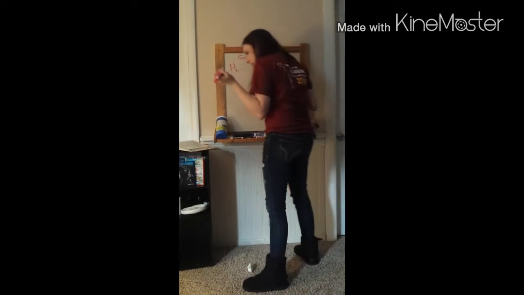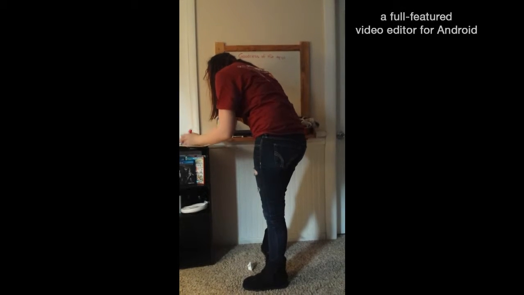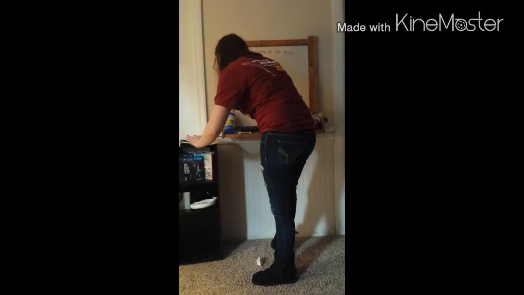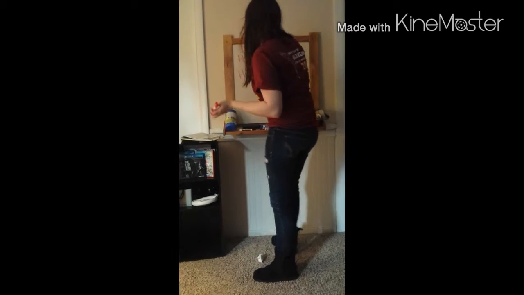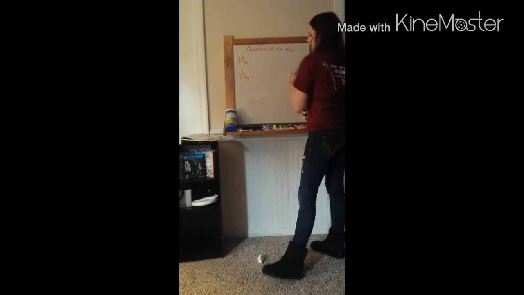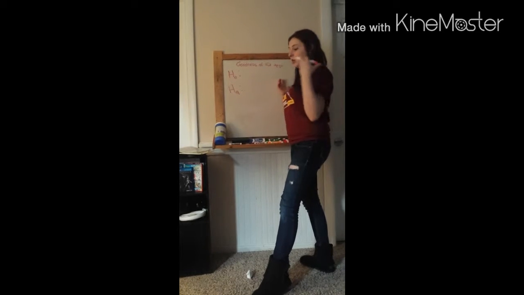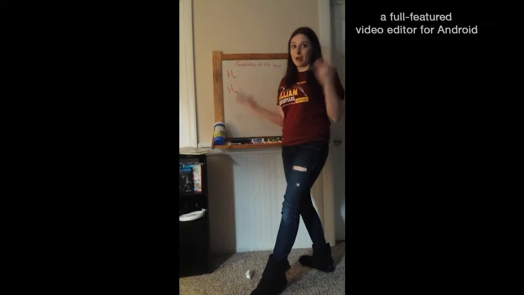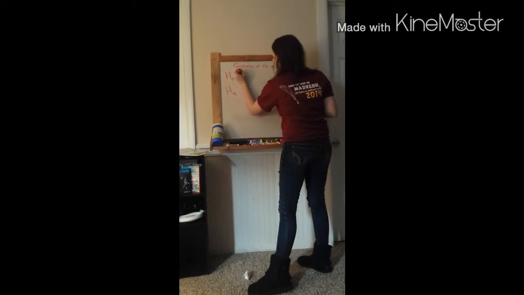Alright, in the context of this problem, it wants to know if the digits are uniformly distributed in the representation of pi or if they aren't. So our H sub O would be just that they are, because that's the first thing that I stated, and it would make sense that equal would be what we would expect. So we're going to write that.